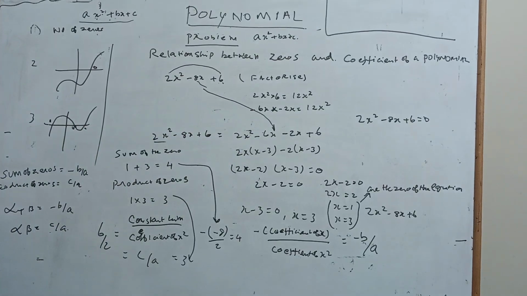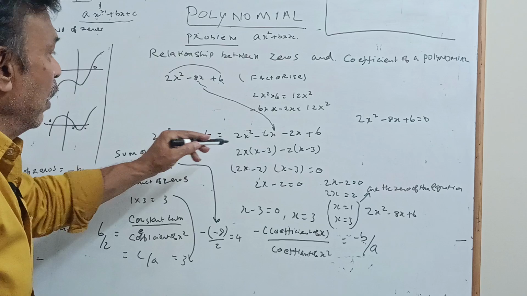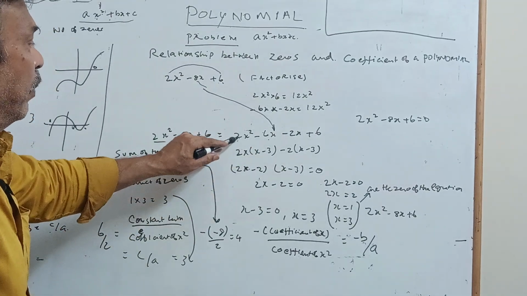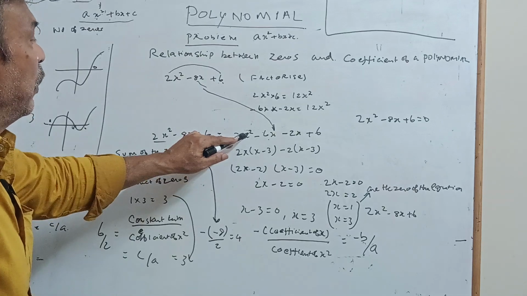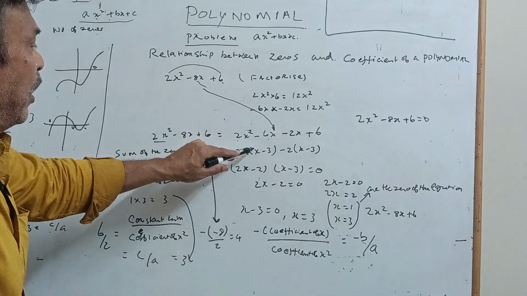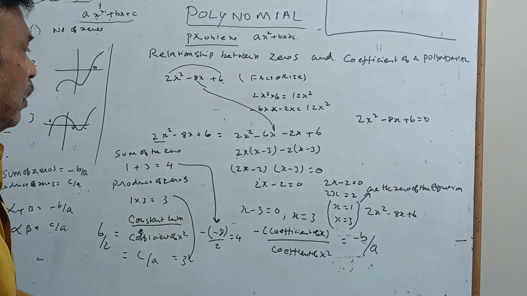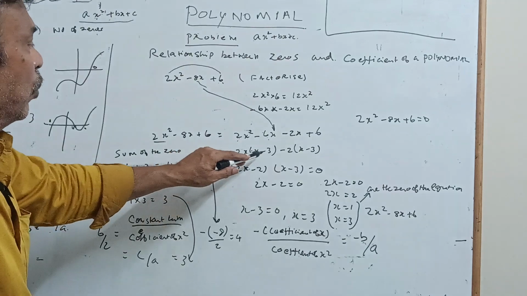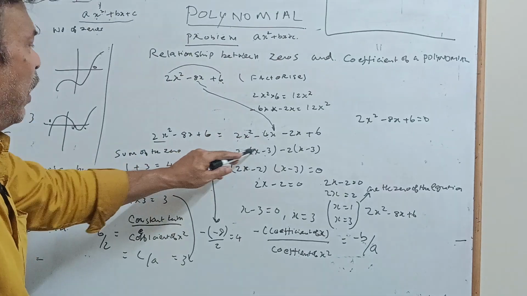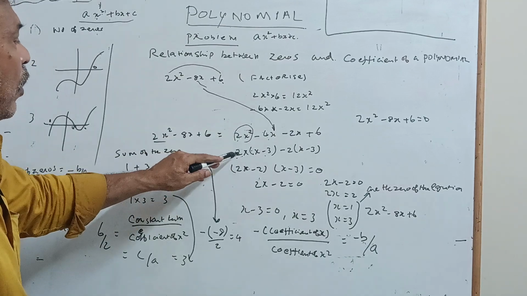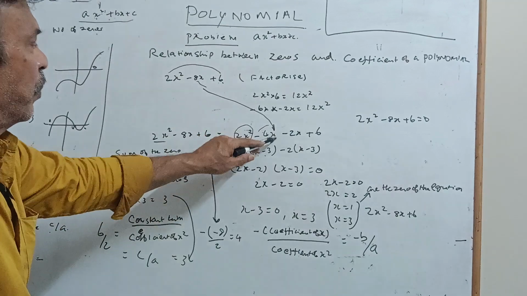Now here you take these two terms. Here the 2x is common, so I am taking the 2x out. So x is there, so I am writing x here. Here I have taken 2x common, so minus 3 is there. If you multiply 2x into x, 2x squared comes. 2x into minus 3, minus 6x comes.